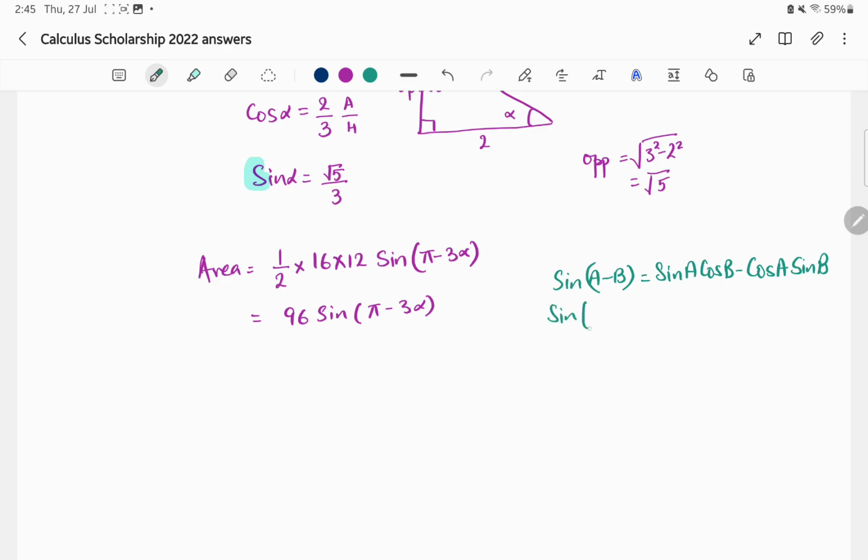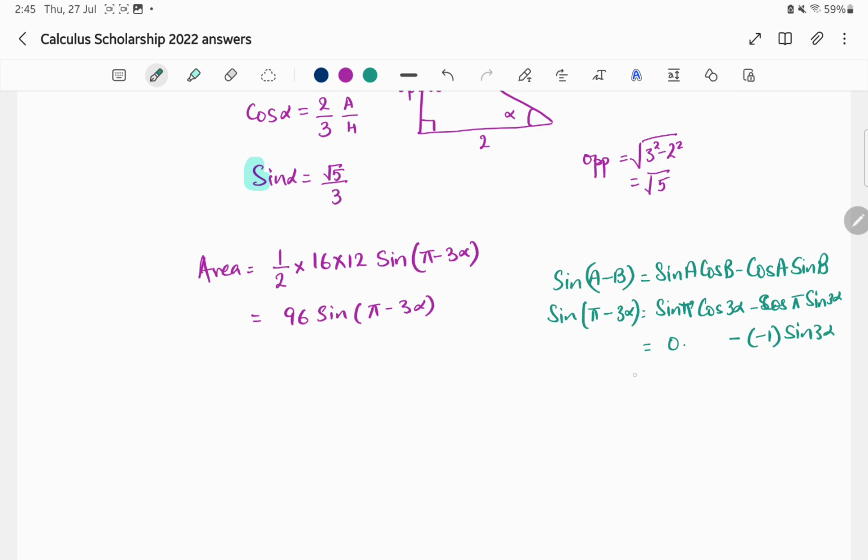So if I'm doing sine pi minus 3 alpha, it's going to be sine pi cos 3 alpha minus cos pi sine 3 alpha. So sine pi is 0, times cos 3 alpha is going to give me 0, minus cos pi, which is minus 1, times sine 3 alpha.